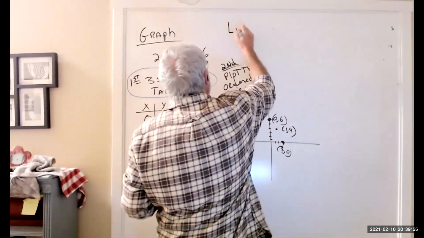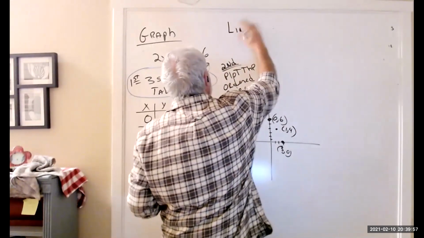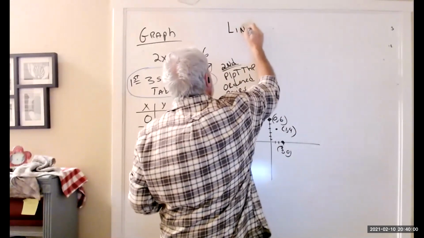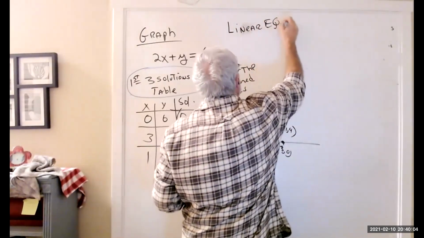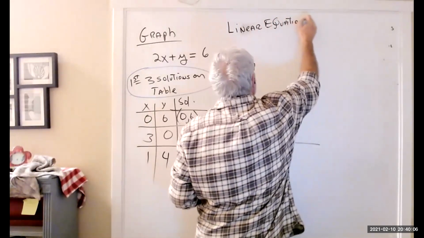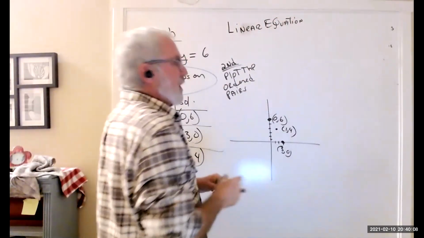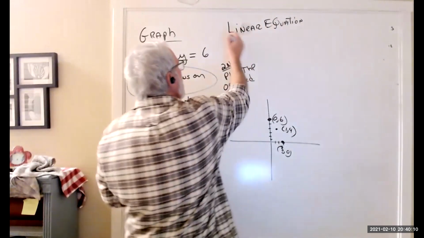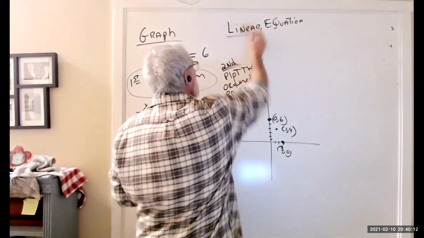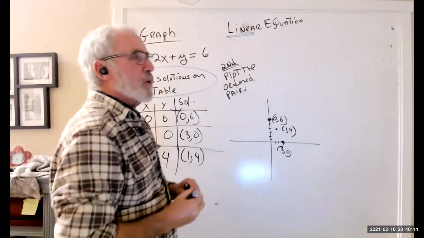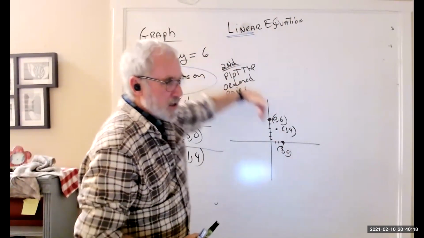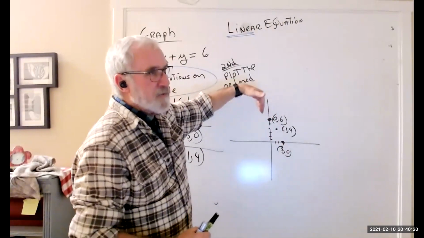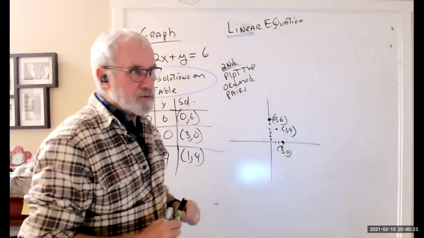Remember, I called these a linear, L-I-N-E-A-R equation. I called this a linear equation because the root word is line, linear. If you plot these 3 points, do they make a straight line? If they don't, you screwed up somewhere.